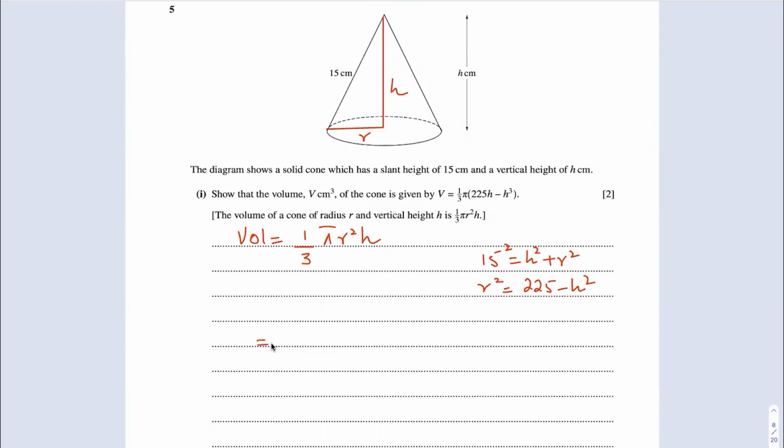Substituting the value in the formula, we have 1 upon 3 into pi into r squared, which is 225 minus h squared, multiplied by h. Expanding the bracket, we get 1 upon 3 pi into 225h minus h cubed.